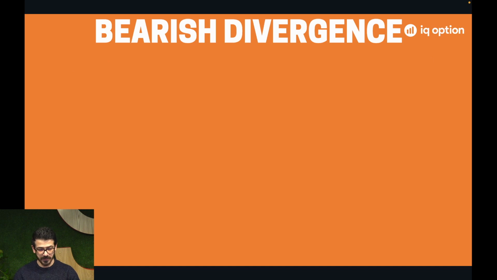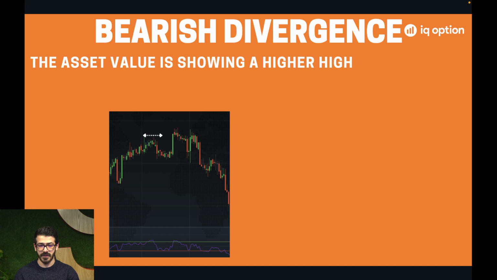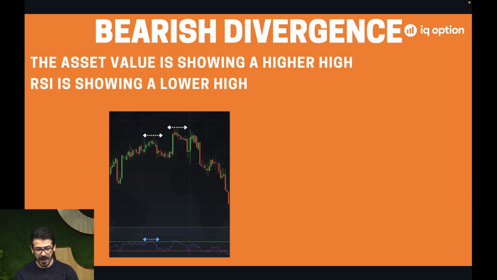So bearish divergence here, we've got the price action, the asset value, showing a higher high. As you can see here, this is the highest point, and then it created another high point. At the same time, the RSI is showing a lower high. This is the first high on the first point. It became lower on the second point, while on the price action, it actually became higher. So they were in opposite directions.